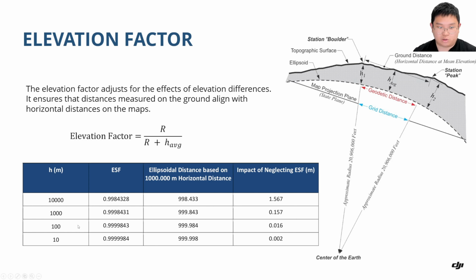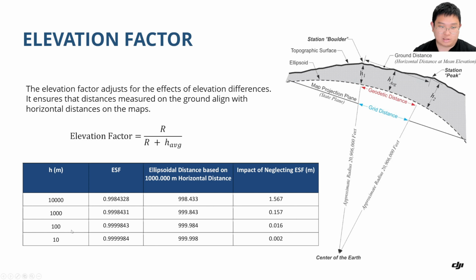So over here, I have a chart to indicate that. For example, if that height difference is only 10 meters, the impact of the elevation scale factor for every 1,000 meters of horizontal distance is only going to be 0.002 meters in terms of error caused from the distortion.